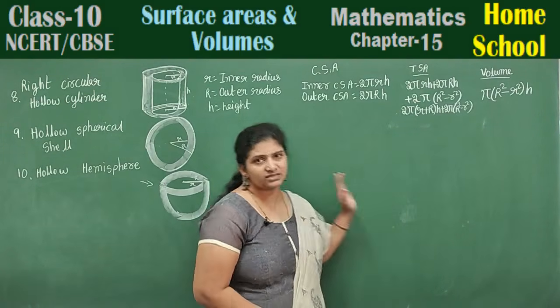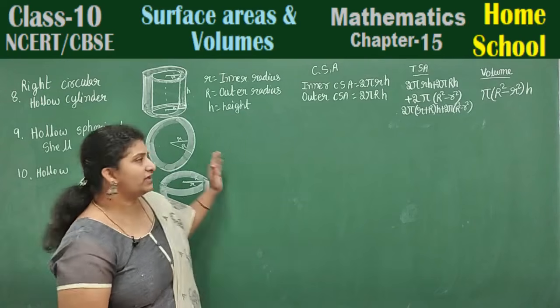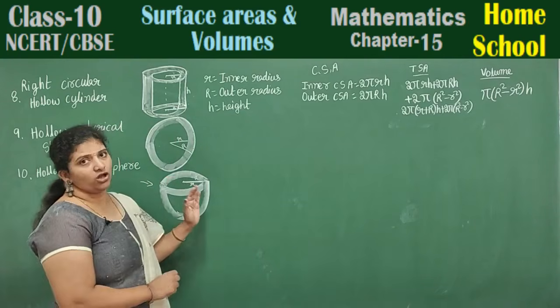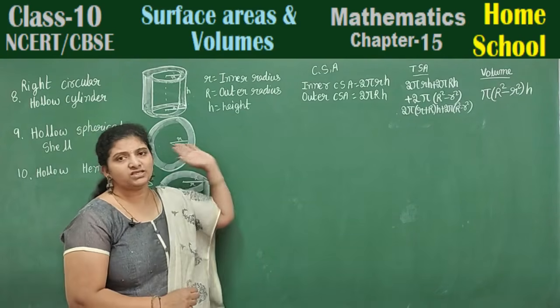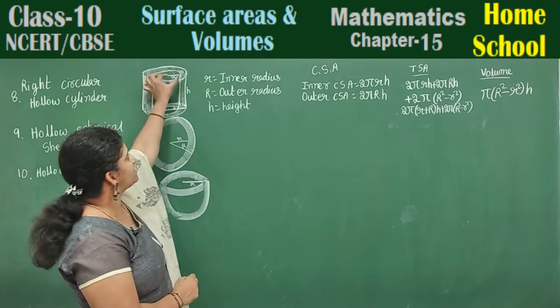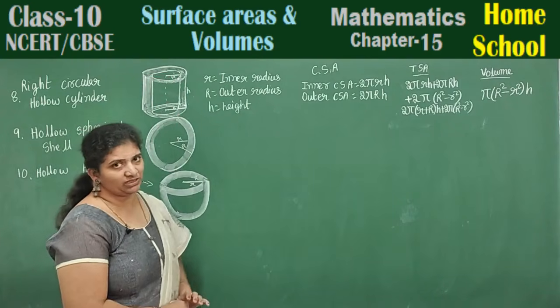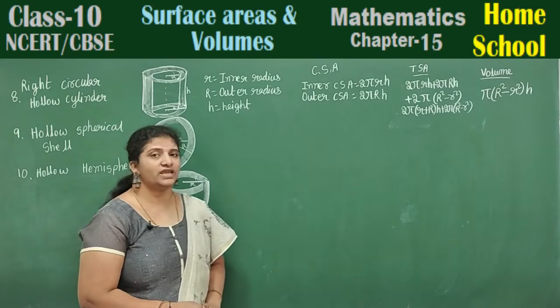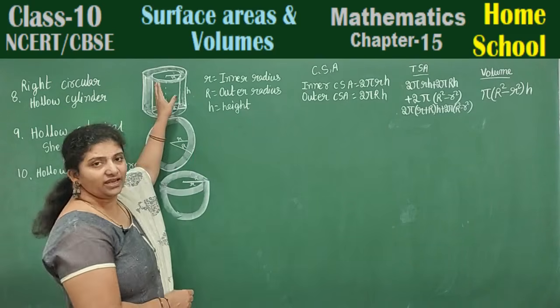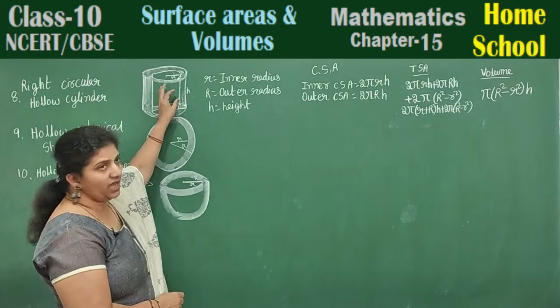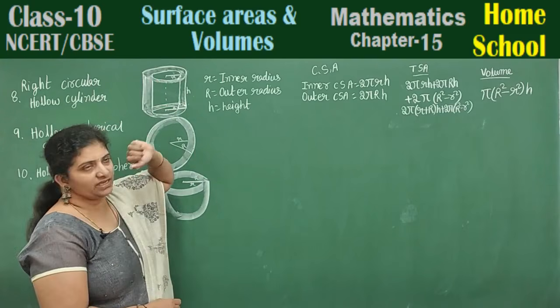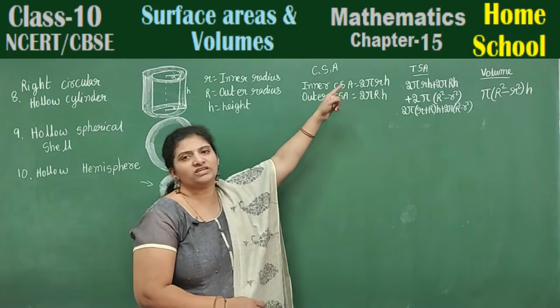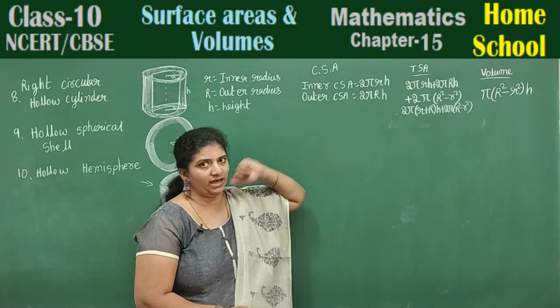Understand this carefully. Once again, let me repeat this. Right circular hollow cylinder: inner radius, outer radius. Inside radius is small r, outside radius is capital R, and height is represented by h. Curved surface area has the inner curved surface area and the outer curved surface area, so both are 2 pi small r h and 2 pi capital R h.